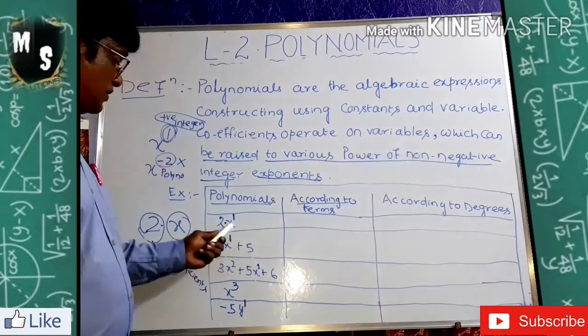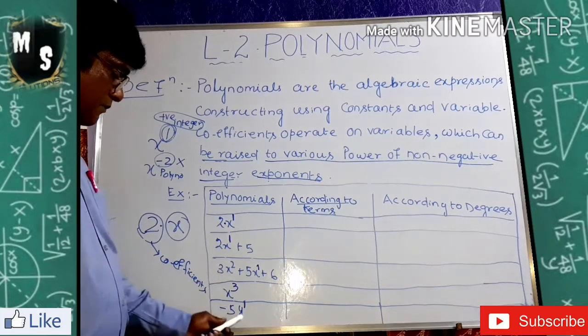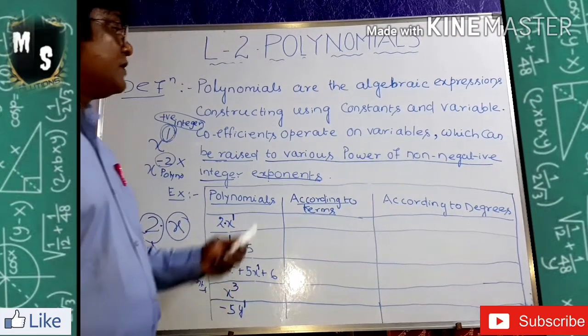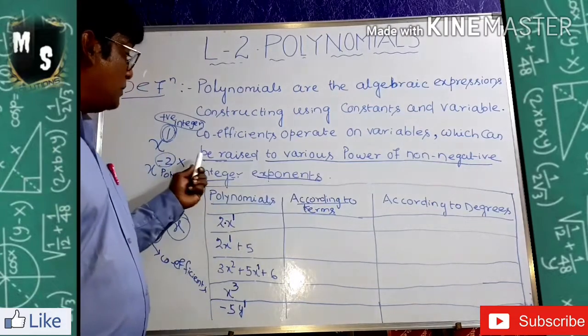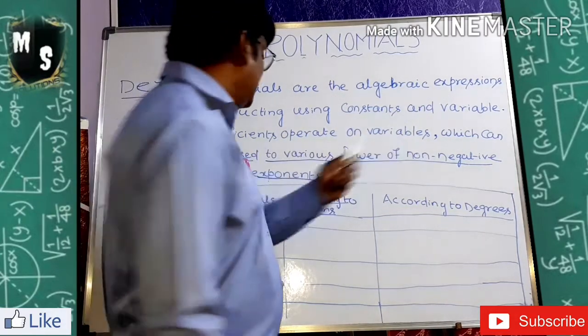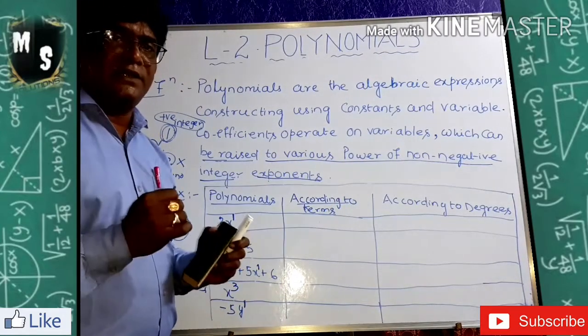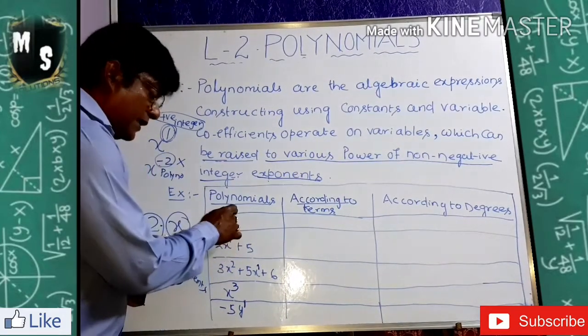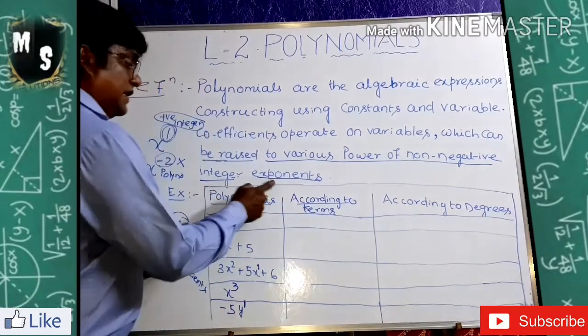The coefficients, you understood: x coefficient is 2, x square coefficient is 3, y coefficient is minus 5. And the variables can be raised to various powers. The variable can be raised to the non-negative integer exponent.